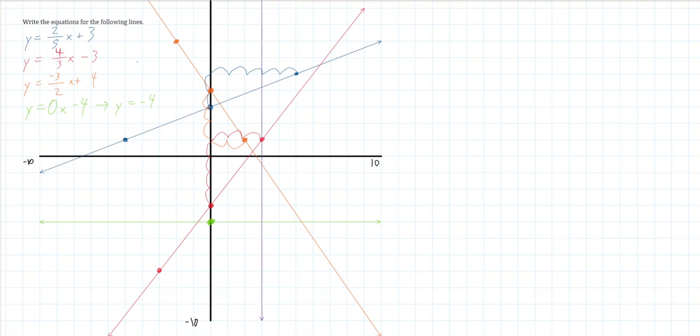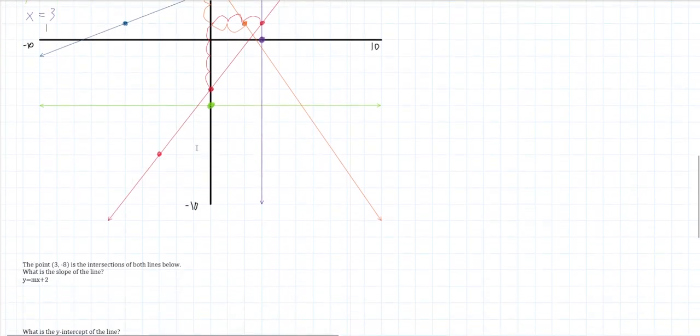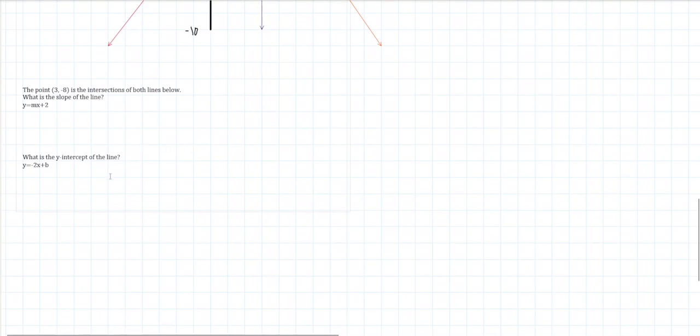Okay, for the purple one, it's a little bit more complicated, but basically look at the x-intercept, and you'll see that it's x equals 3. And everywhere along the purple line, x equals 3. Everywhere along the green line, y equals -4. Okay. So I hope those equations help you understand how to go from a line to an equation.